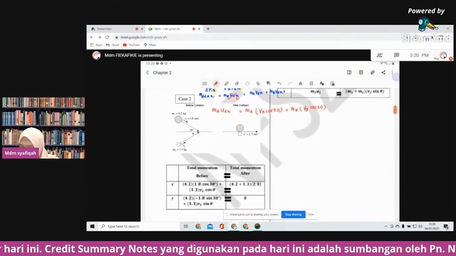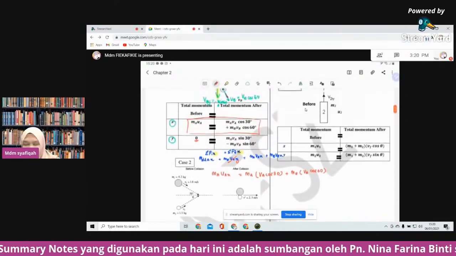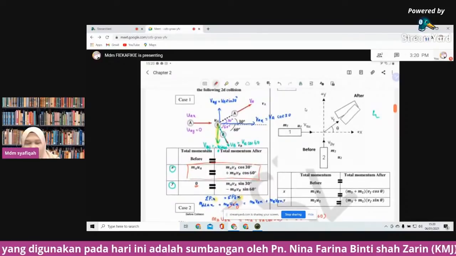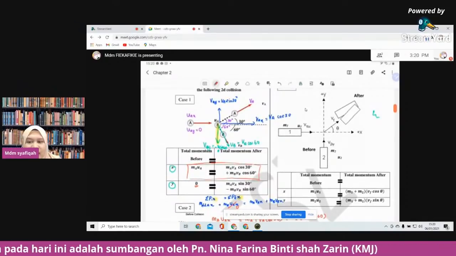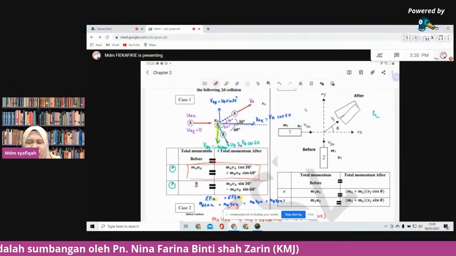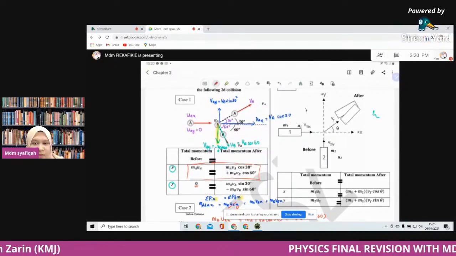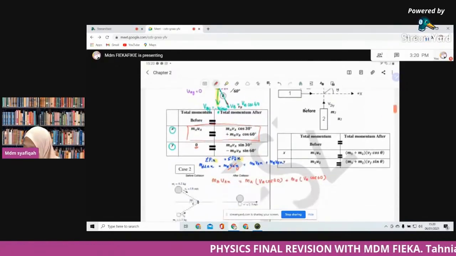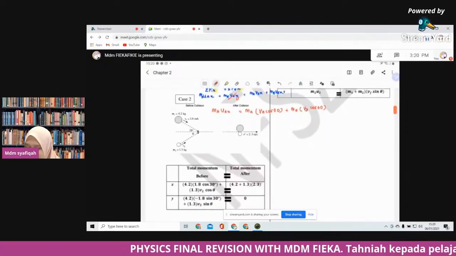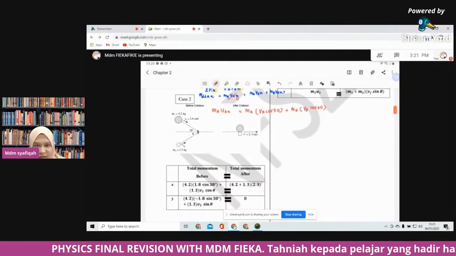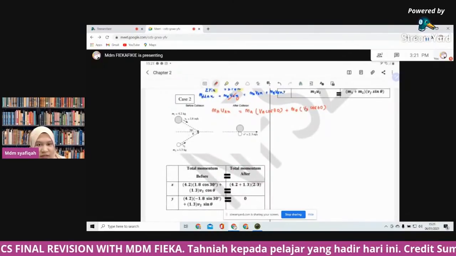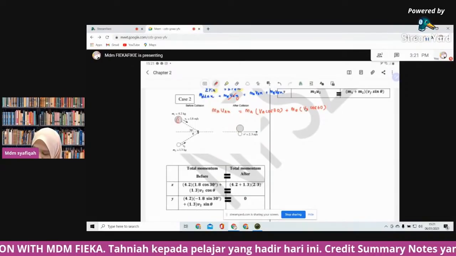So ini case yang kedua. Kalau you tengok beza case pertama dengan case kedua, case pertama tadi only A is moving in X direction. Dia moving to the right. B at rest. For the second case, kita ada 1 and 2.